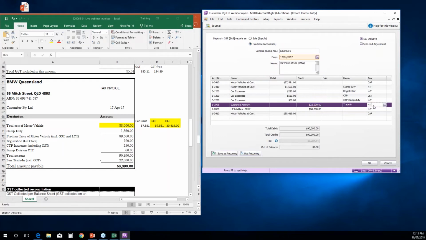So if I change GST here, it will be showing negative in GST paid. I don't want that because the ATO clearly says that should be GST collected, which is the 1A. So I'm going to create another entry to take care of the suspense account.